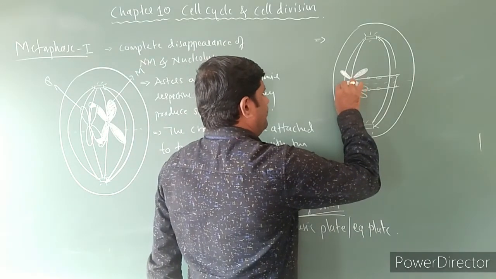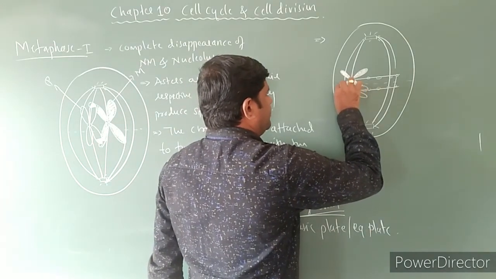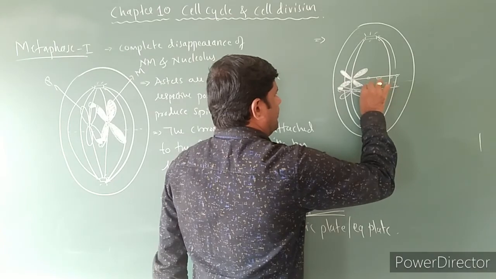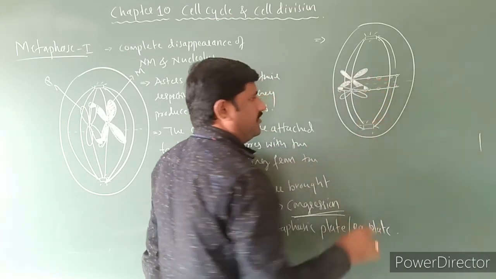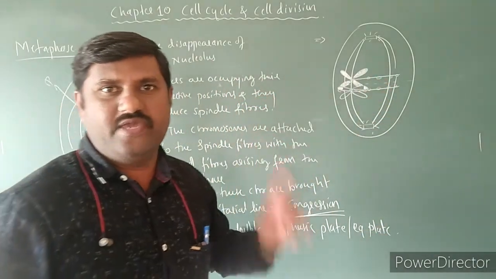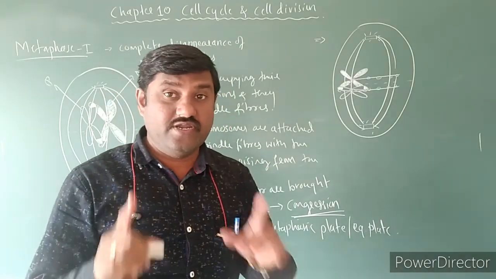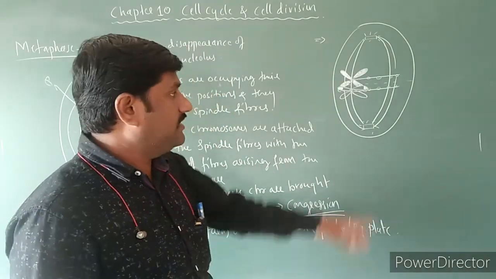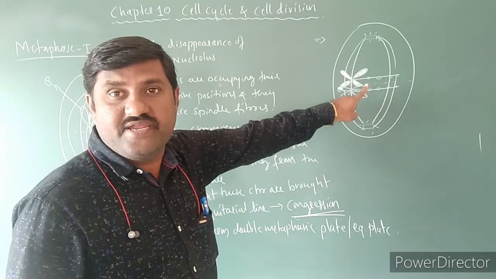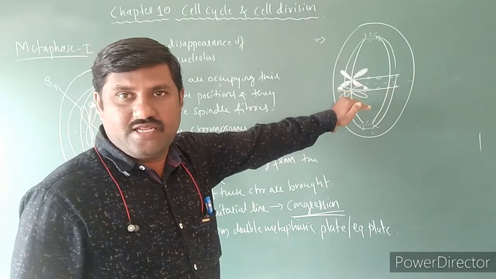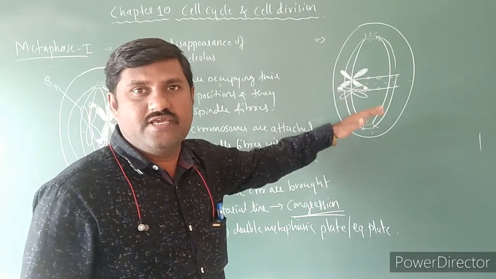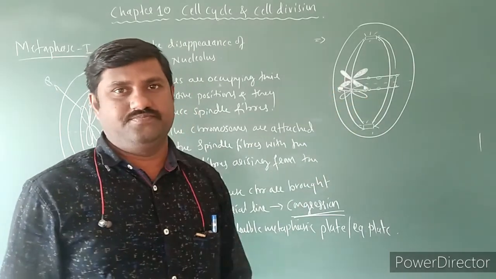Now I hope it is very clear to you. This shading, you should not forget to make it, because we have to identify them. And the terminalization completes over here in metaphase 1.